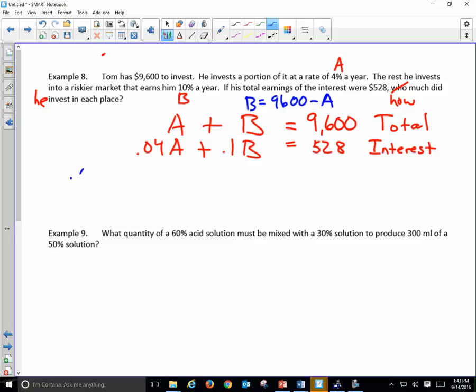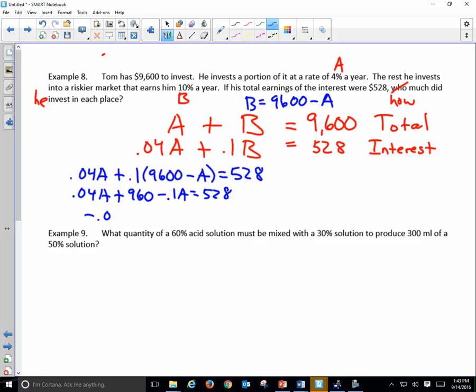So 0.04A plus 0.1 times 9,600 minus A is equal to 528. Sweet. 0.04A plus 960 minus 0.1A is equal to 528.